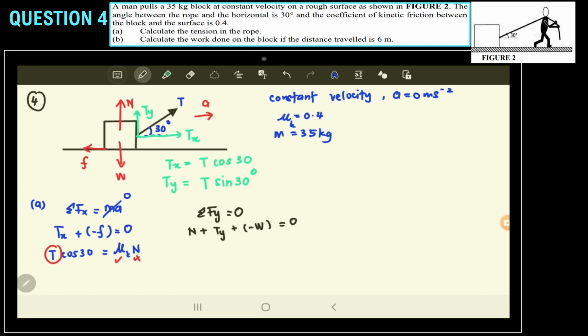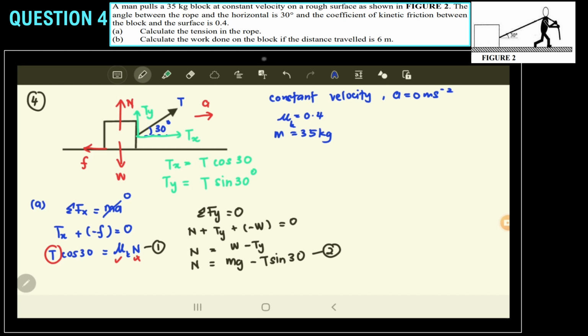So from here, we can write normal is equal to W minus Ty, where N is equal to mg minus T sin 30 degrees. I let this be equation number 2 and this is equation number 1.